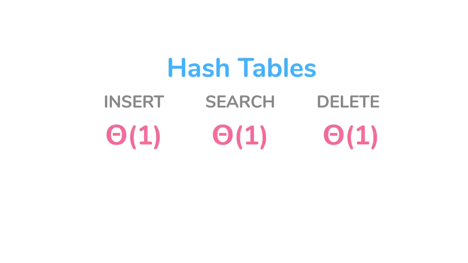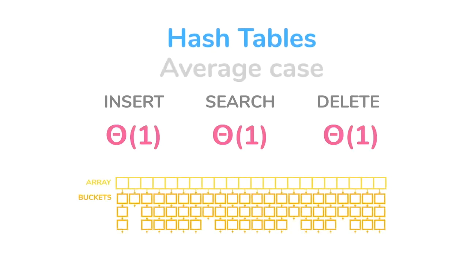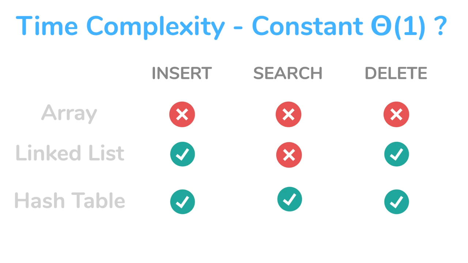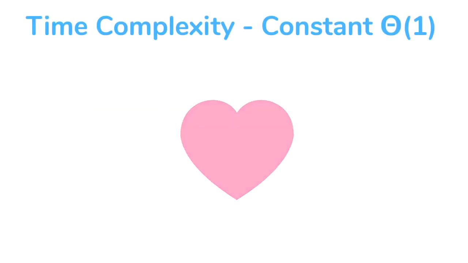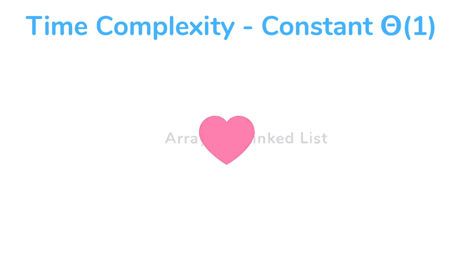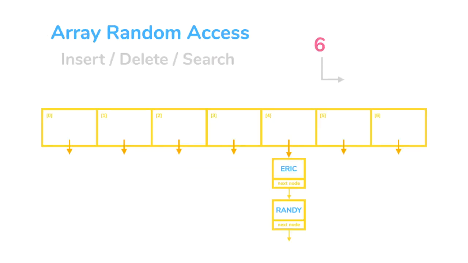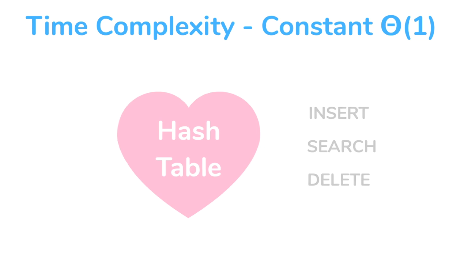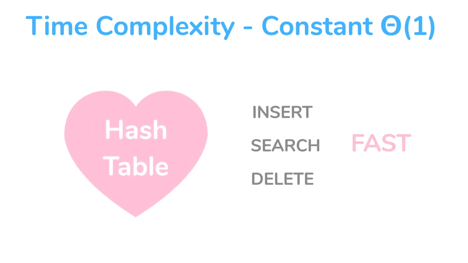The time complexity of hash tables for inserting, deleting, and searching is expected to be constant in the average case. Compared to some other data structures we talked about in the previous videos, that is pretty good. You can think of hash tables with separate chaining as a combination of the benefits of arrays and linked lists. The fact that arrays let us instantly access the data lets us search, insert, and delete data very fast.